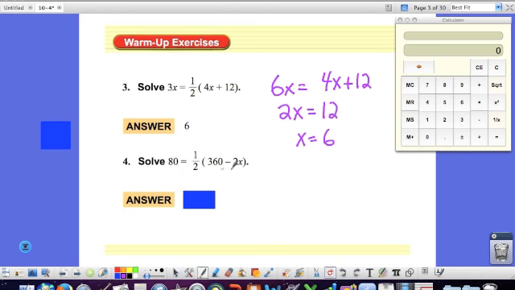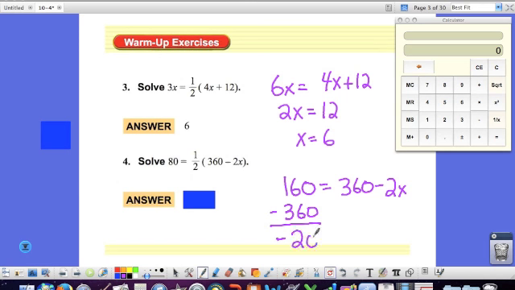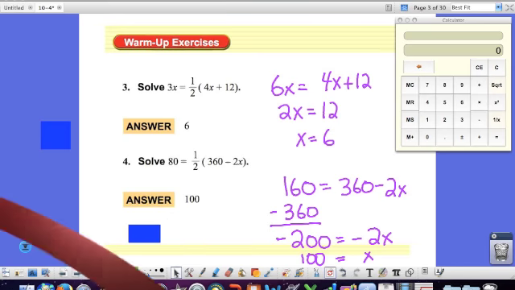And on this one, multiply both sides by 2, so 160 equals 360 minus 2x. I'm going to subtract 360 from this side. And yes, I get negative 200 equals negative 2x, but I divide by a negative and I get back to positive land. X equals 100. Woohoo!